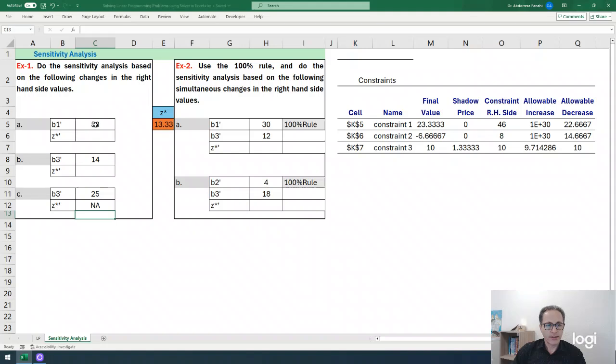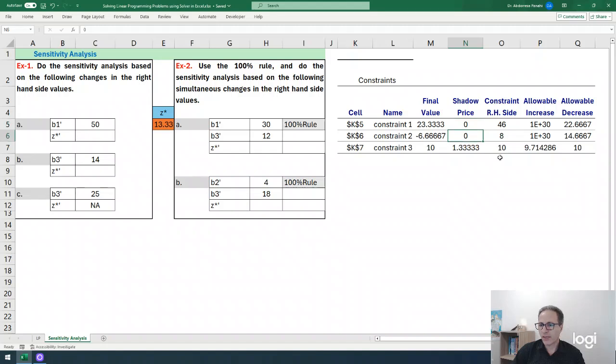Now, what does this change to 50 mean, or how can we predict the Z star prime based on this tableau? We have another column here, which is the shadow price. To understand the concept of this shadow price, I want to solve some problems or make some changes in the right-hand side and see the results and find out what those numbers mean here.